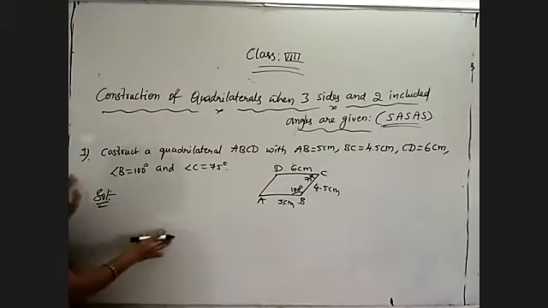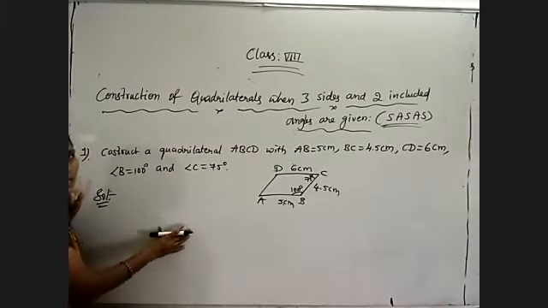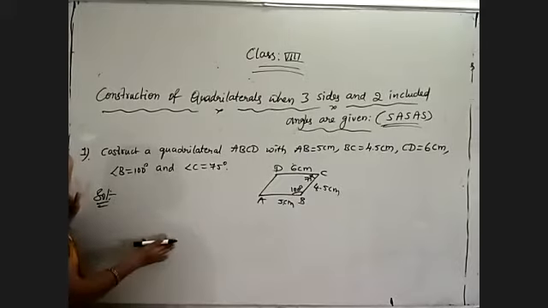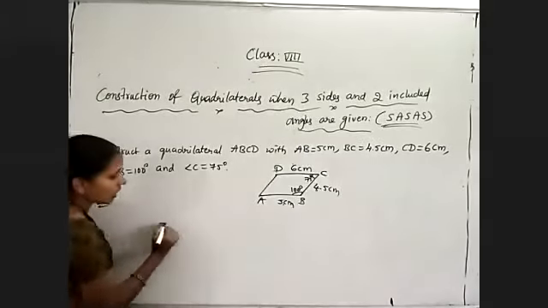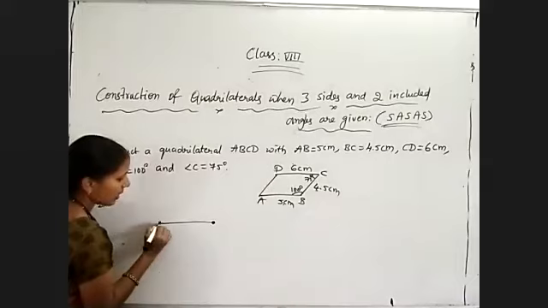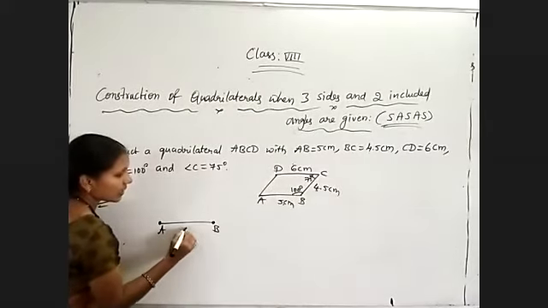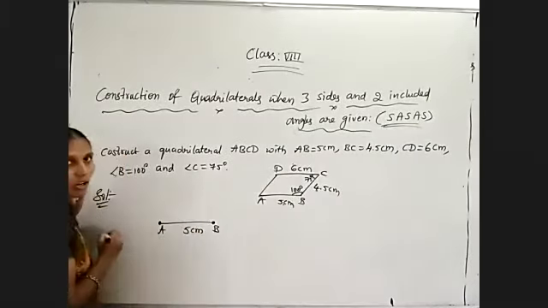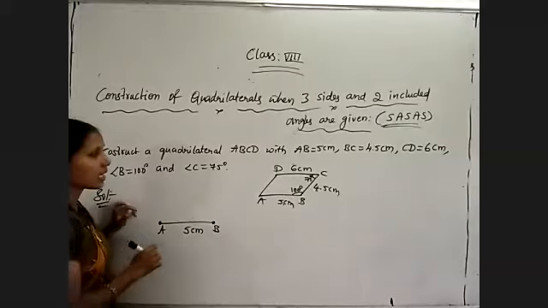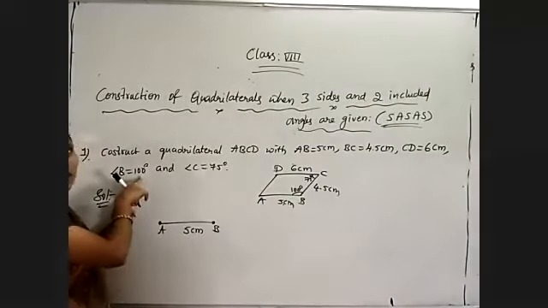So, with your instrument, construct the line segment AB of 5 centimeters by using the scale. Take your scale and construct AB of 5 centimeters. Okay. And angle B is 100 degrees. That is an obtuse angle, more than 90 degrees.